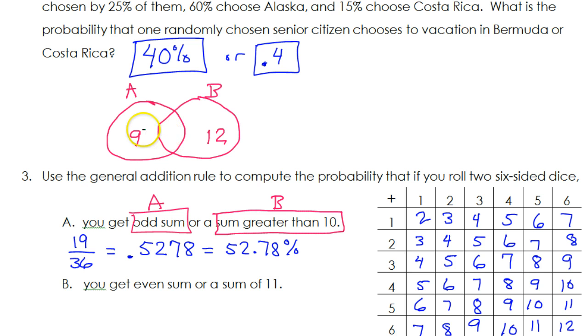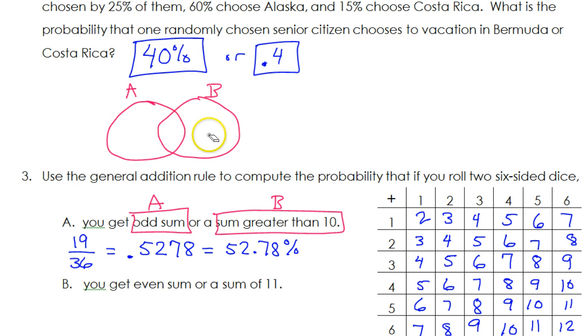We could have an odd sum that is greater than 10. We had 2 of those. We had 11 that showed up twice.